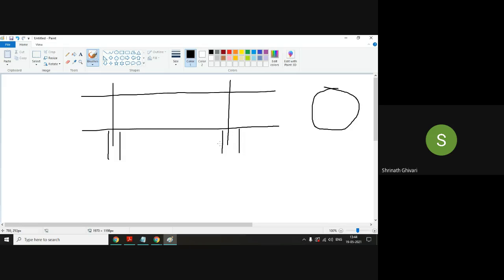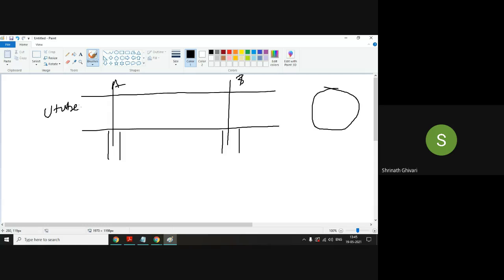Is this right or wrong? I want to measure the pressure at section A and at section B. So I can connect a manometer over here and a manometer over here. That is a U-tube manometer. So a U-tube manometer is the one which measures the pressure at that point.